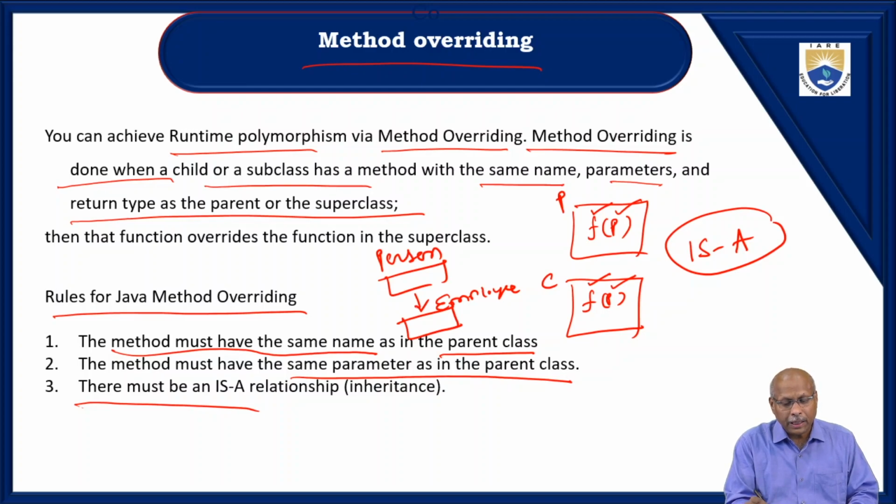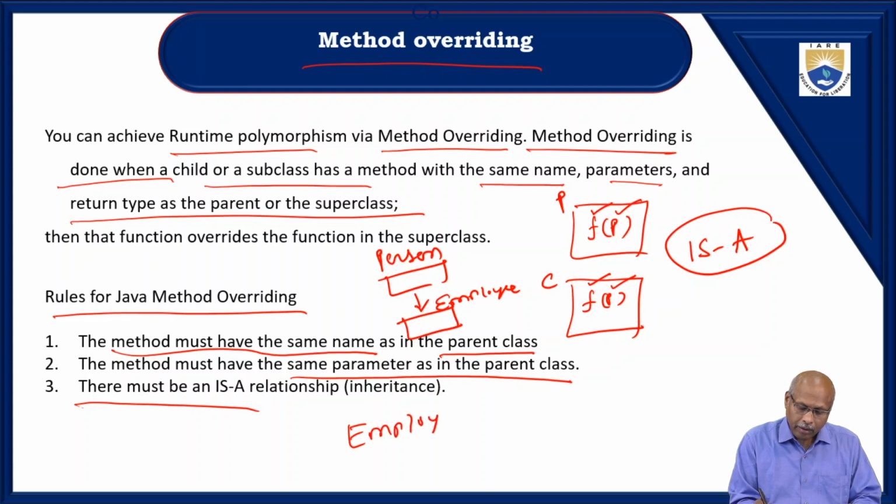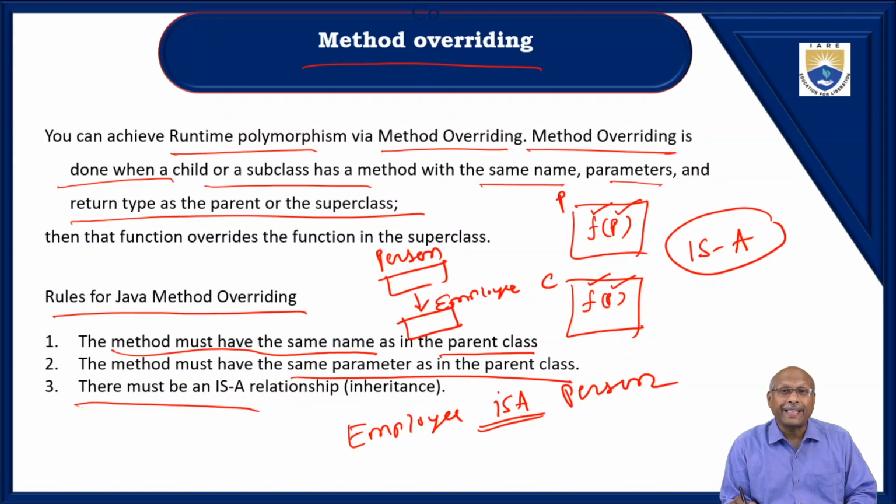Now what type of relationship exists between person and employee? The relationship is is-a. That means an employee is a person. So this type of relationship exists whenever you are implementing method overriding. So if the is-a relationship exists, then only you can implement overriding.